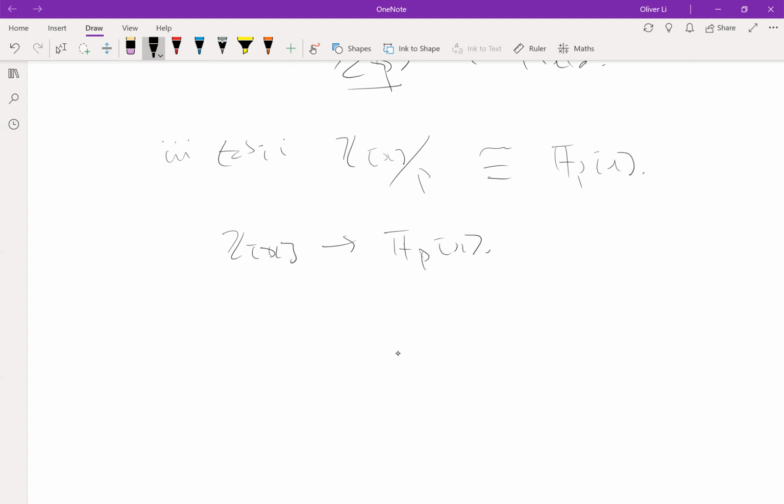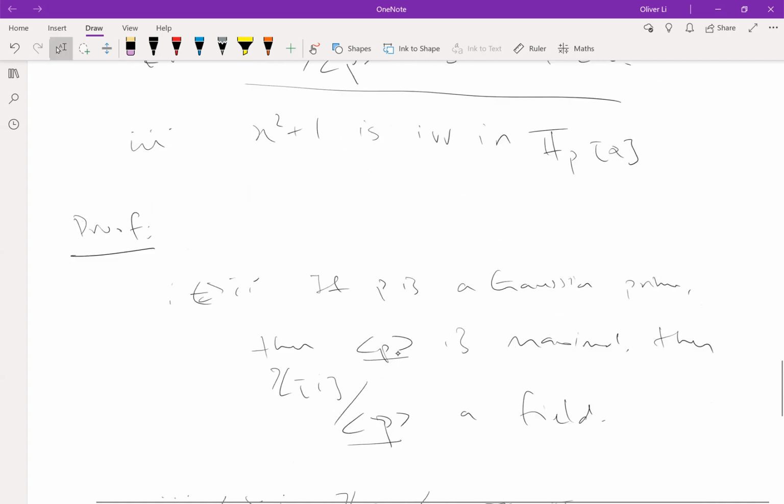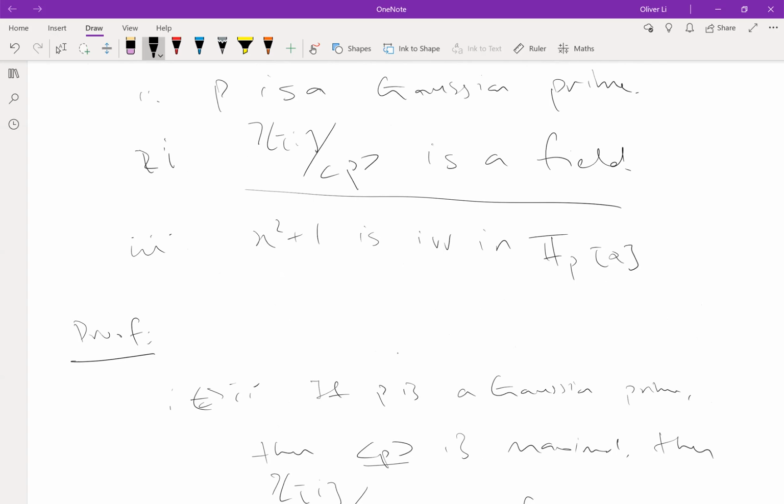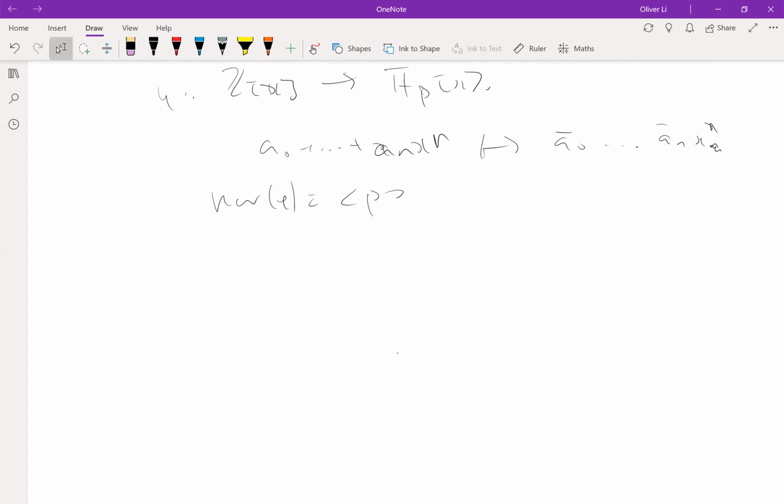So a0 plus blah blah blah plus a_n x^n maps to the residue of a0, then a_n x^n, and obviously the kernel is this thing, so these two are isomorphic. Therefore to get this, I simply quotient this thing out by x squared plus 1.